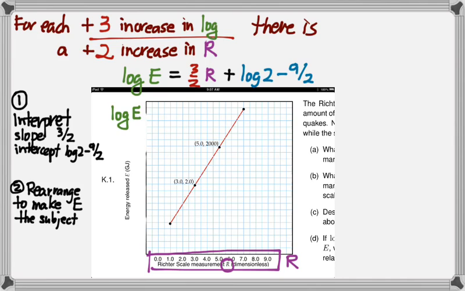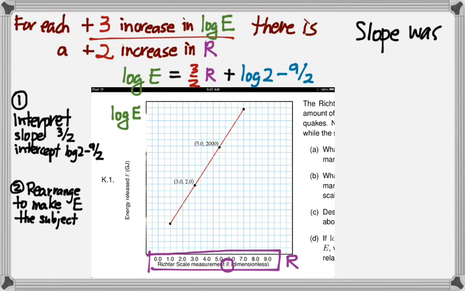But it's not just the energy. In order to make this linear, we weren't using energy as our vertical quantity anymore. We were using its logarithm. So, in other words, when we're talking about the slope of this equation being 3/2, the slope is 3/2 only when we plot r versus the logarithm of e, and not when we plot r versus e.